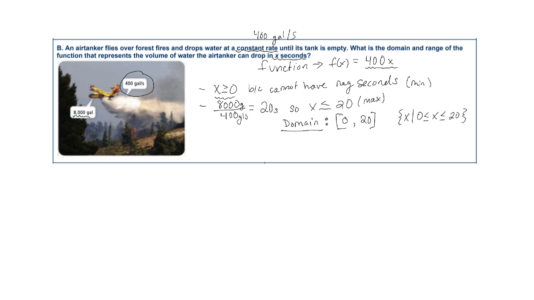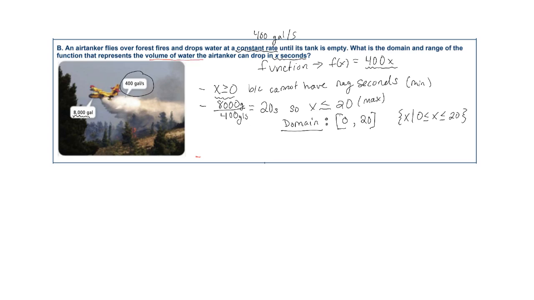All right, now next we have to find our range. This is going to be pretty easy. It says the volume of water is our range.